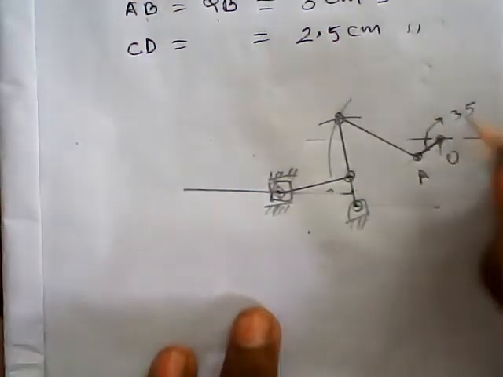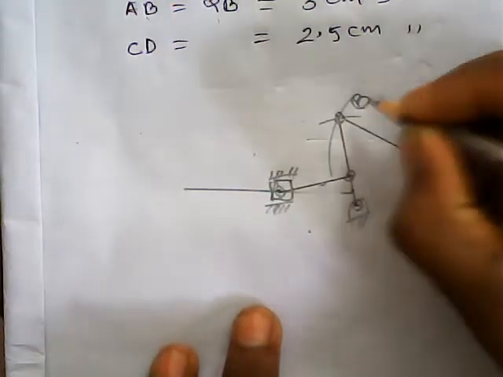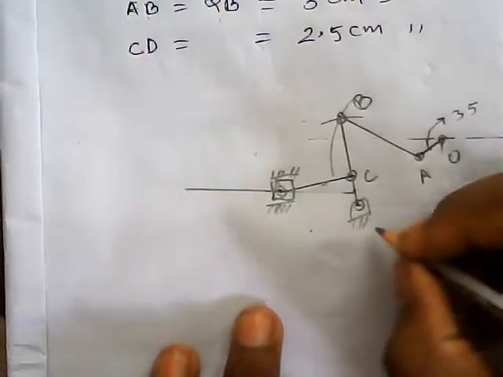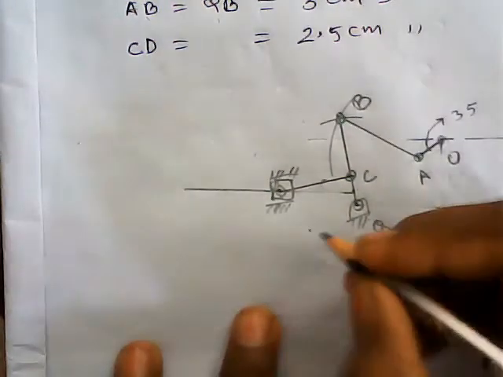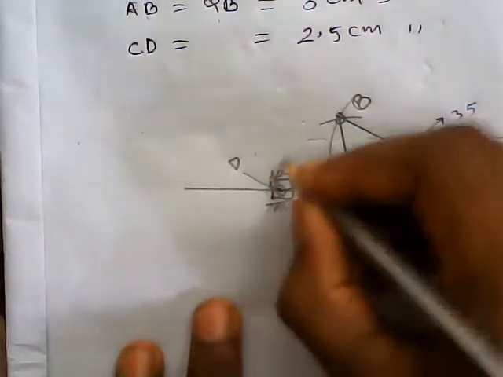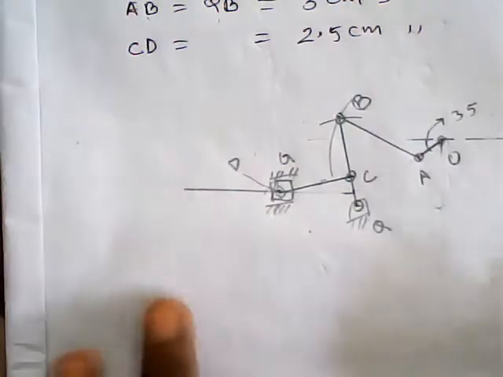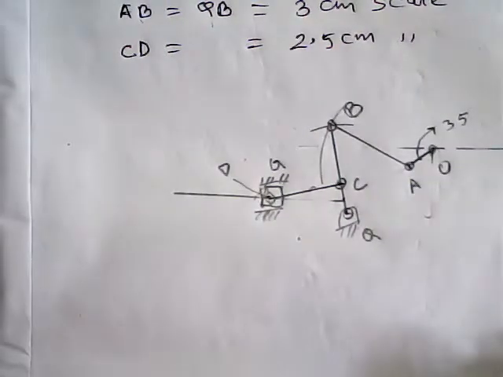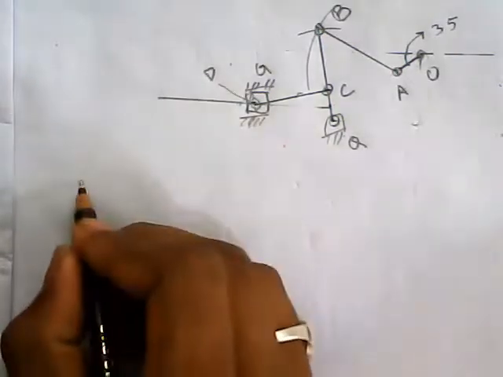There are points O, A, B, C, O, Q, and point D, that is G. Here Q, G and O are fixed points.